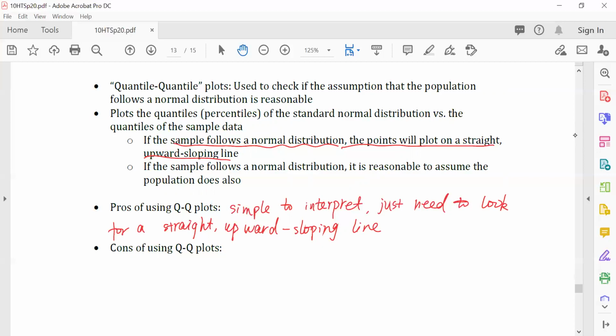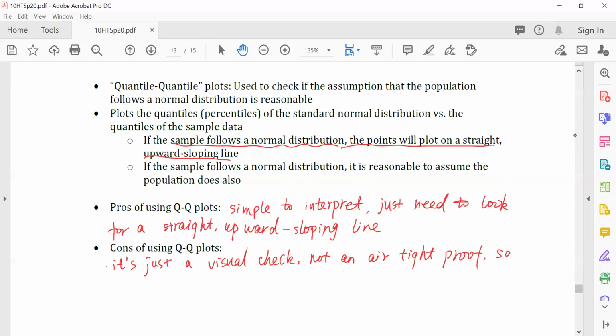Thus, it's just a visual check, not airtight proof.